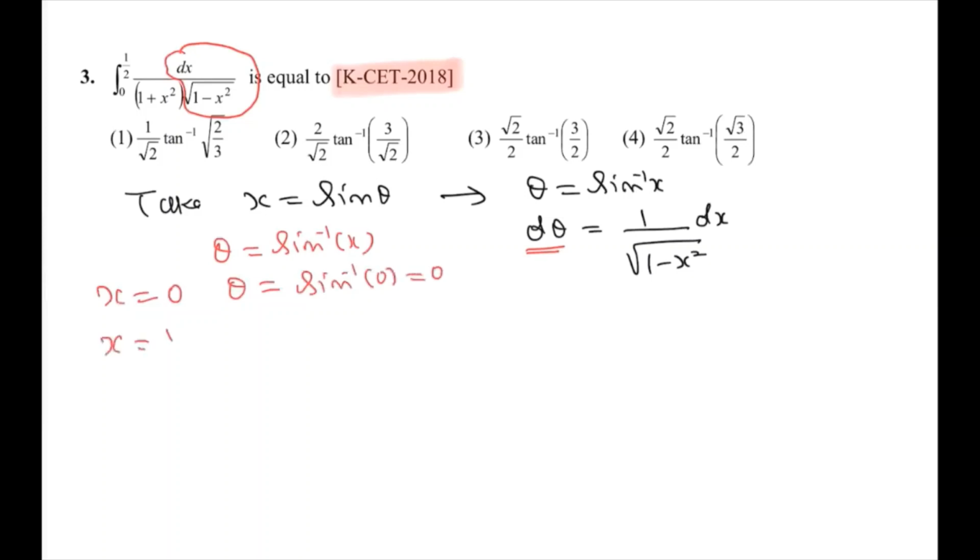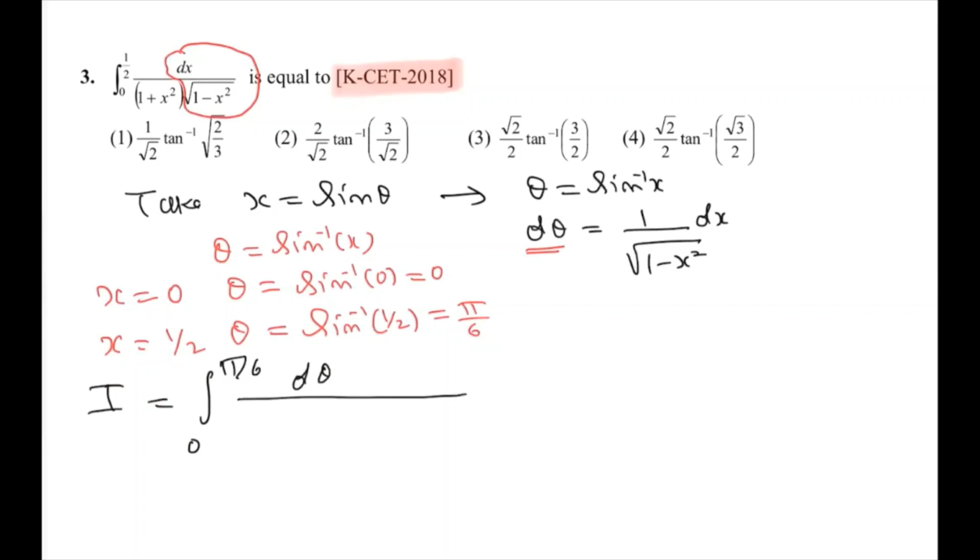When x is 1 by 2, theta is sine inverse of 1 by 2, that is pi by 6. So now the integral reduces to 0 to pi by 6 of d theta upon 1 plus sine square theta.